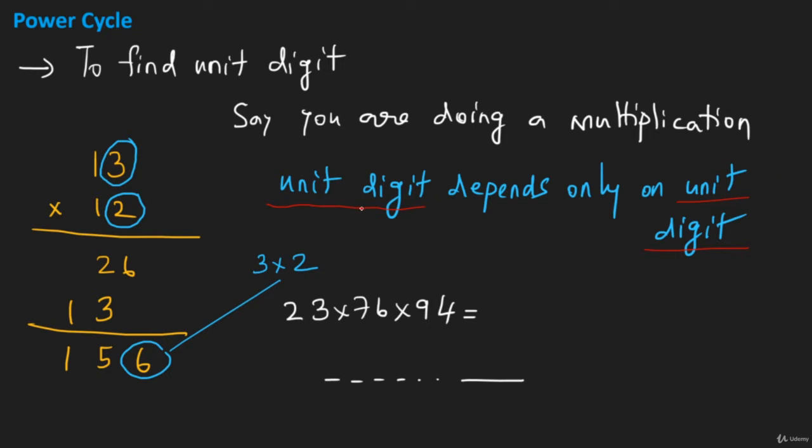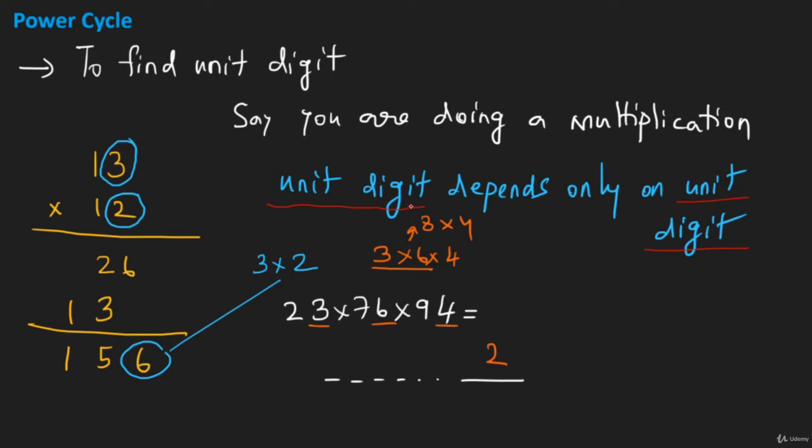We have 3, 6, and 4. So 3 into 6 into 4 gives us 18 into 4. You just take the unit digit of 18, which is 8, and 8 into 4 gives you 32, and the unit digit of 32 is 2, and that is the digit that will come over here in the answer.